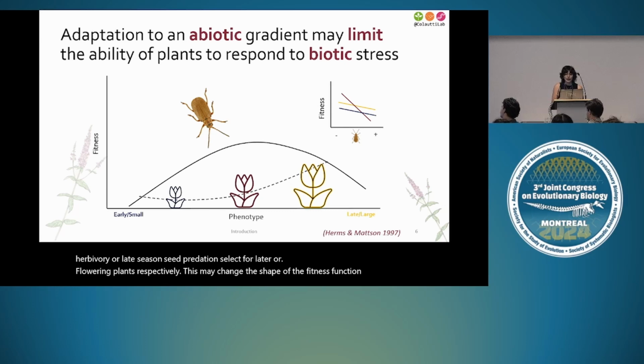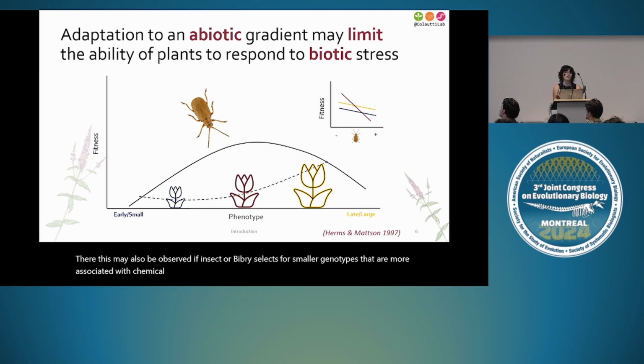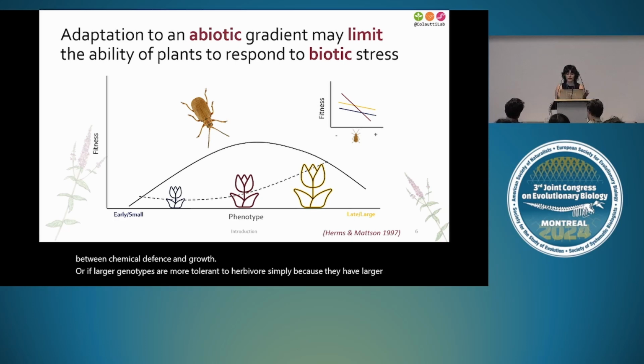However, this may also be observed if insect herbivory selects for smaller genotypes that are more associated with chemical resistance, because sometimes there's a trade-off predicted between chemical defense and growth, or if larger genotypes are more tolerant to herbivores simply because they have larger vegetative resources to tolerate insect herbivory.